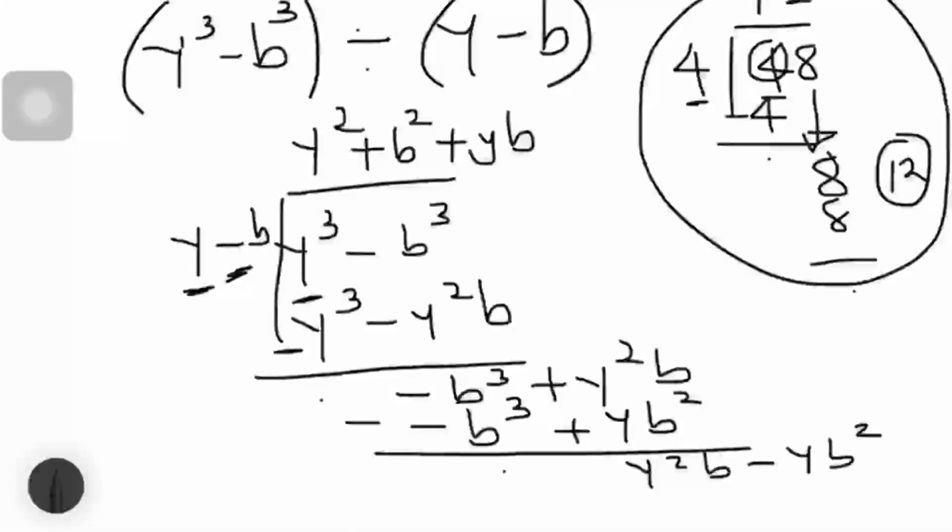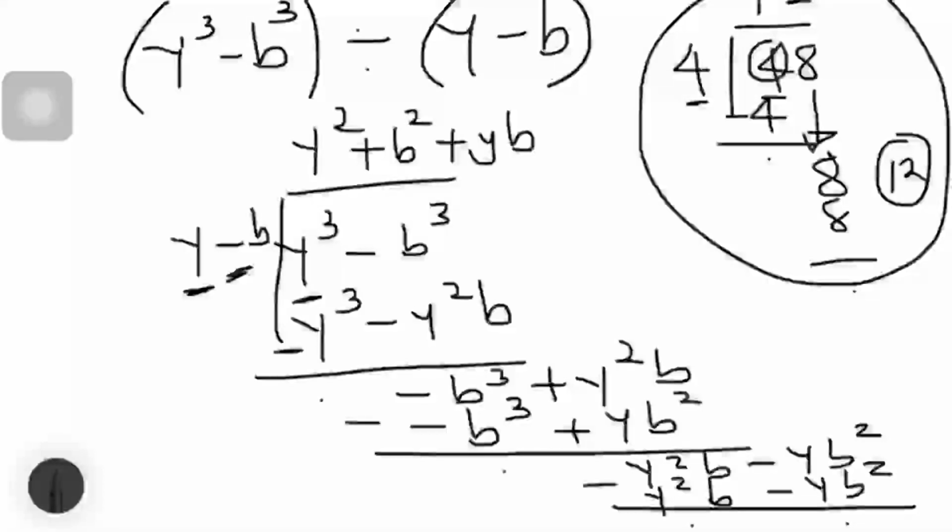So yb multiplied by y, we have y squared b, and then minus y b squared. We can subtract, this one gets finished and the other one gets finished, because y squared b minus y squared b is finished, and then minus yb squared minus minus, so the negative and the negative changes to a positive sign, and therefore minus yb squared plus yb squared, and you get a 0.